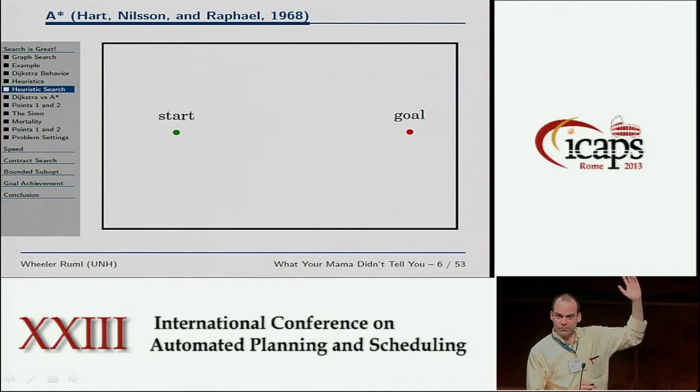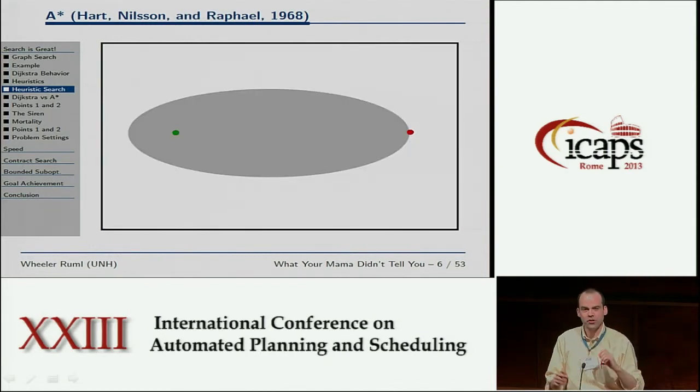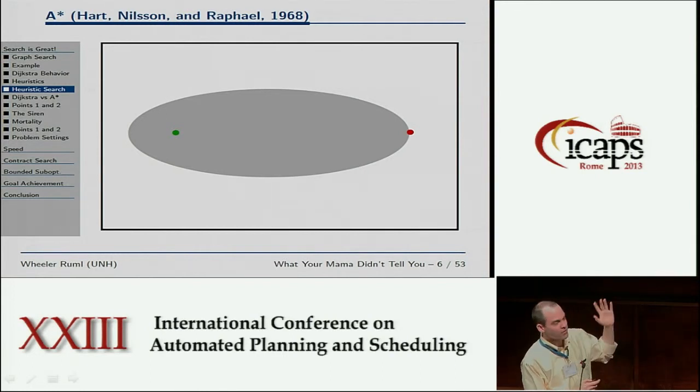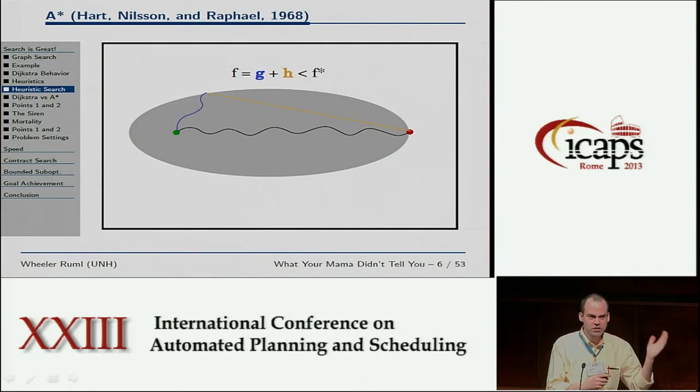Unlike Dijkstra, if we were to run A star from this start to this goal, it only expands nodes in this region here. Now, why is that region shaped like that? This is because A star has to expand those nodes whose G values plus their H values are less than the cost of the optimal solution.